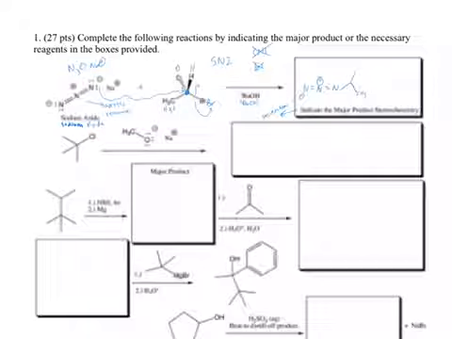Is it changing planes, orientations? Nope. The backside attack only affects the plane of your leaving group. That hydrogen's not going anywhere, so it is going to be in the exact same orientation. And then, what about the D? What happens to it? Does it change orientation at all? No.